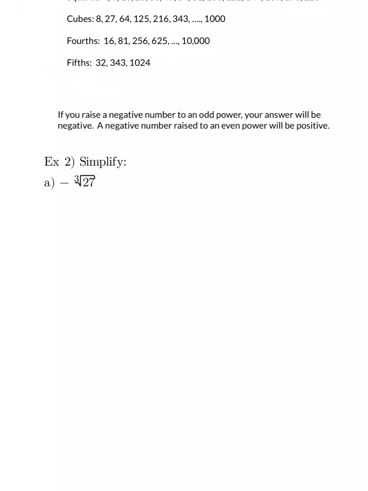On example 2, we are being asked to simplify a variety of radicals. On our first one, we are to simplify the cube root of 27 and its negative out front. When there's a negative out front, that means that your answer will automatically have a negative on it. So we're going to have negative, and then, what's the cube root of 27? 3.